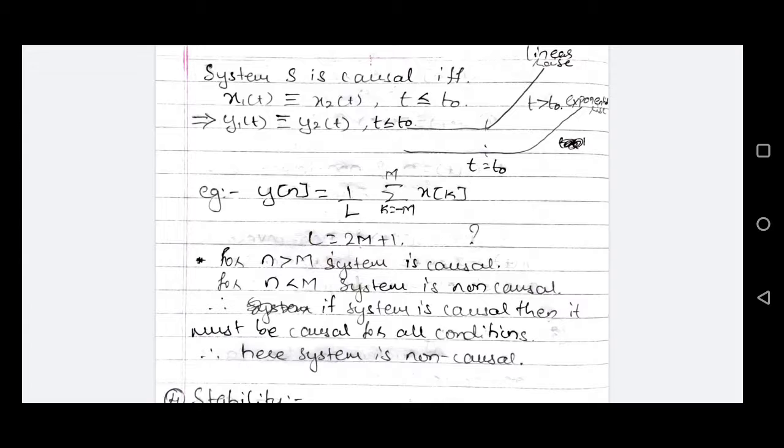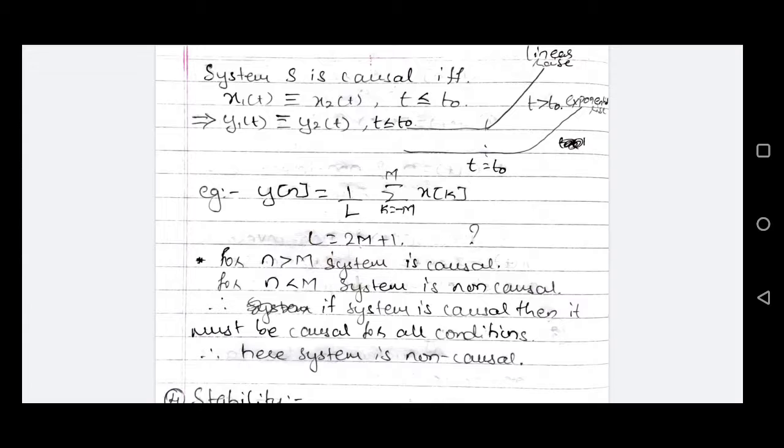Basically, after t equals t naught, both the systems will not behave same. They'll be varying differently. So a system is said to be causal if input-output behavior is same for all time t.